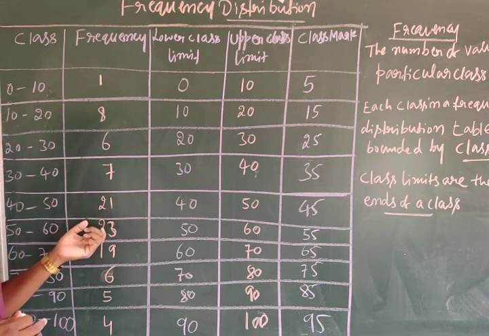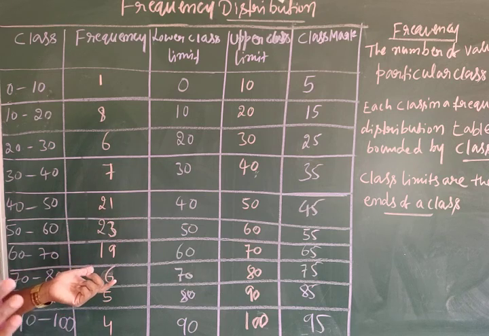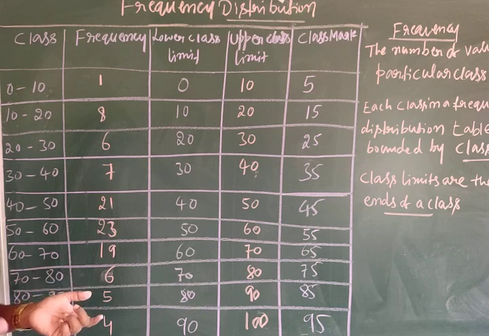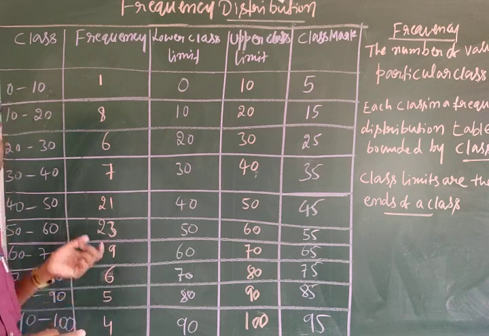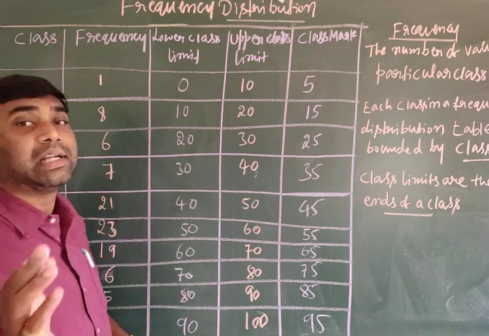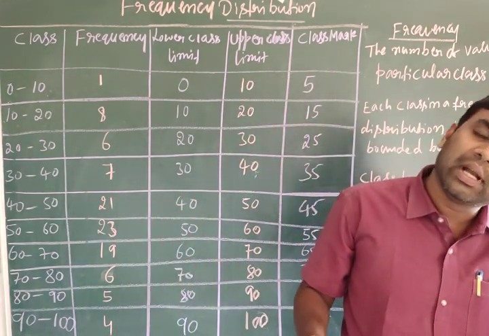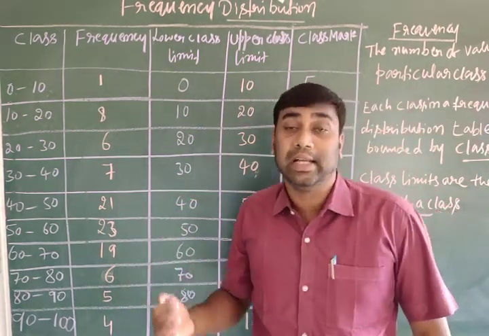Actually, this is a table, a frequency distribution on the basis of marks of mathematics obtained by 100 students. You have to observe the table. Seeing the table, we cannot understand how many passed, how many failed, how many got out of 40, how many got less marks.